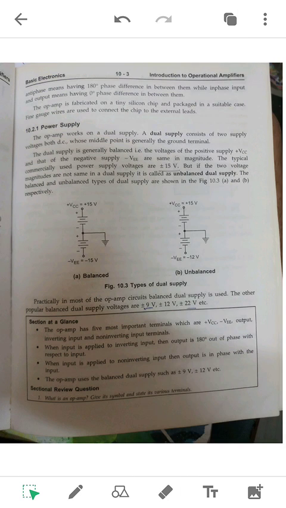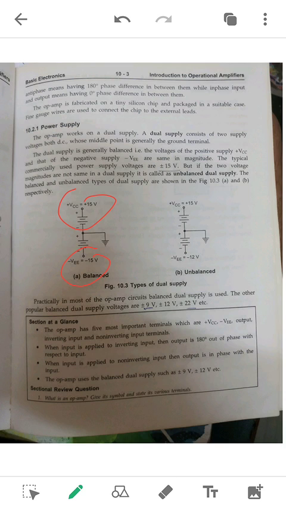Now coming to the next page, the power supply. See how we have to connect the power supply. There are two types of connection. One is balanced and another one is unbalanced. Balanced means the plus VCC and the minus VEE both have the same voltage, with the same magnitude but opposite polarities.